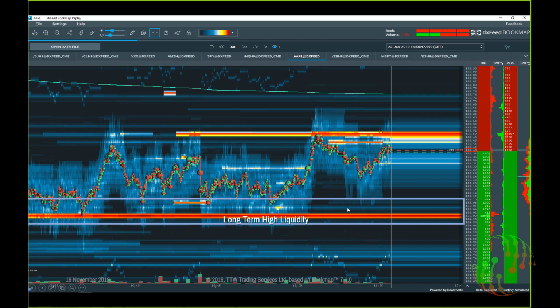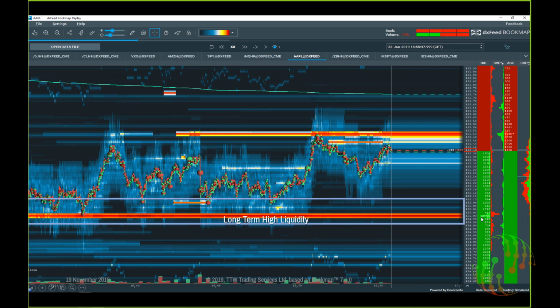Maybe long before that. This is Apple, for example. Look how they are protecting this area here. If you're trading stocks, you can also use this technique to understand what the market is doing here. Using the limit order book, you see the numbers.